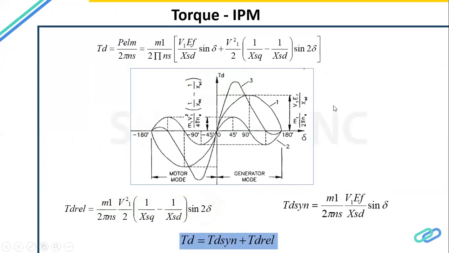The reluctance torque comes from the difference between LD and LQ, and that is where it becomes a more torque-dense design. If you compare the torque density vis-a-vis induction, this gives a very good amount of torque for a given space, volume and weight.